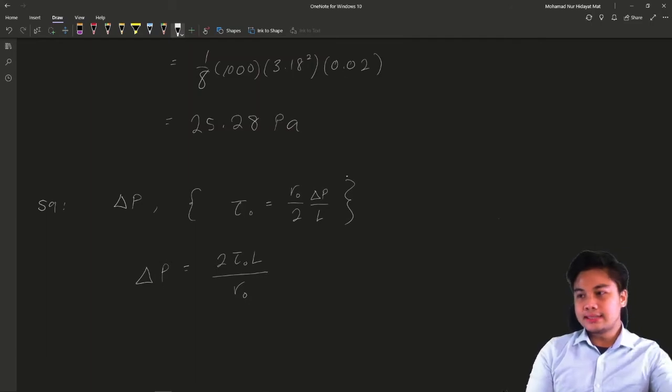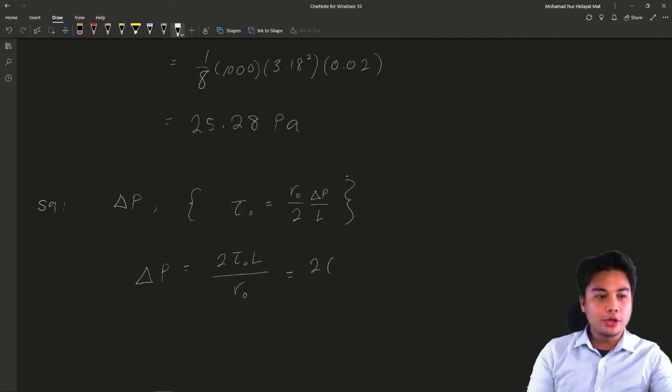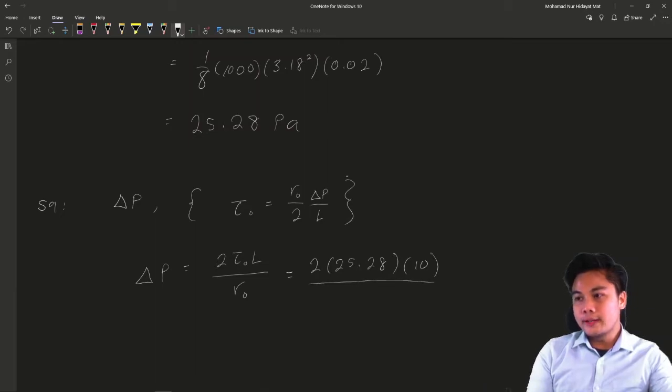So just substitute the values: 2 multiplied with tau naught, which is 25.28, multiplied with the total length given, 10 meter, over R naught, which is 20 millimeter.